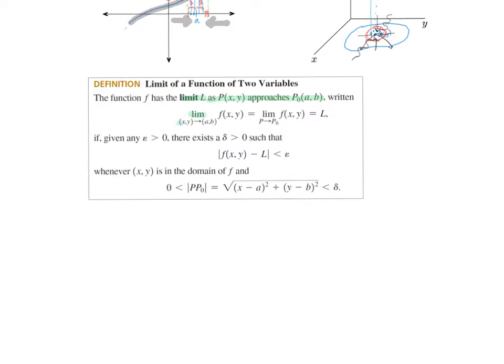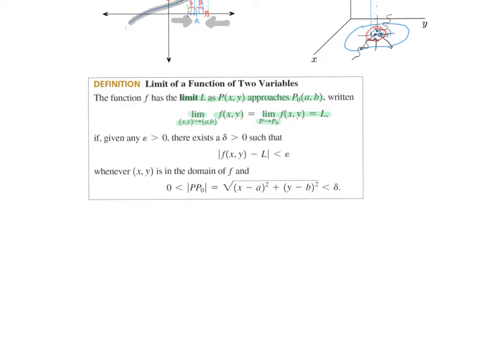We have to say that the x and y values approach this point a, b because it's an ordered pair of our function. Well, we can replace the x, y with some generic point P, and it can approach the other point P sub 0. That would be our a, b. And this is how we can write the limit as well.